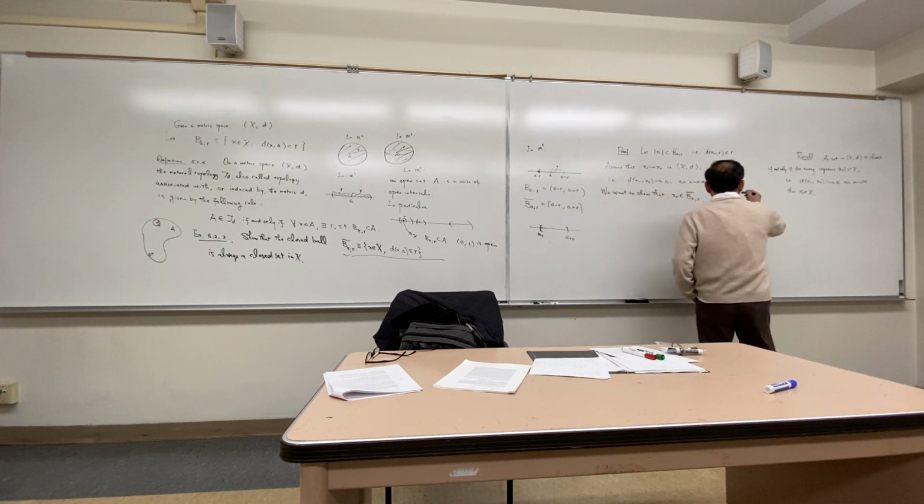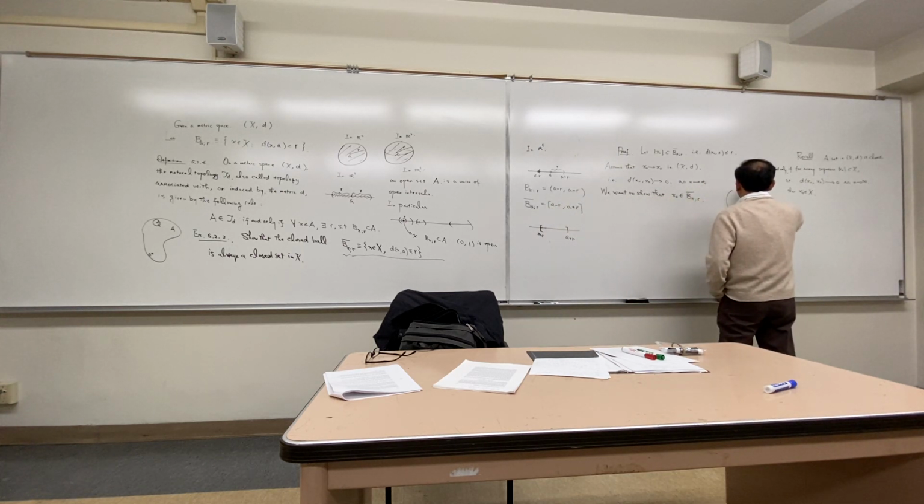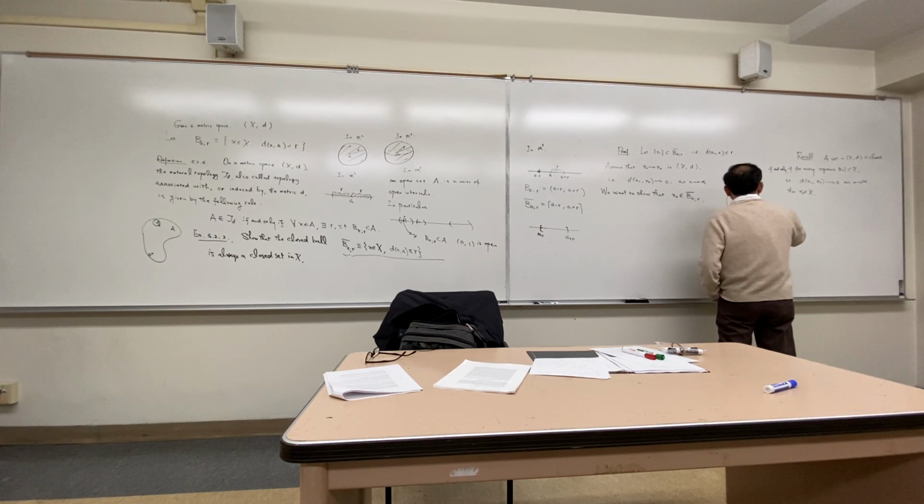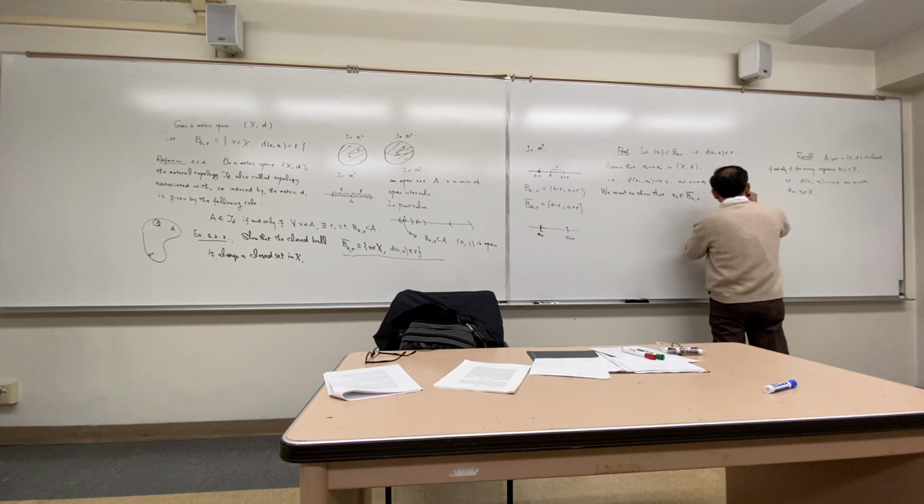Just like in the picture, this is center A. If the set includes the boundary, this is the distance R. If we have a sequence that converges to some point x naught, the sequence may go to the boundary, but the boundary is included.